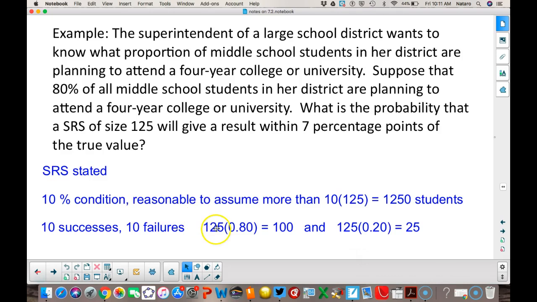So 125 times 80% gives 100, and 125 times 20% gives 25. Both 100 and 25 are more than 10, so we would expect, on average, 100 students saying they were going to a four-year college or university, and 25 saying they're not. So we've met this condition.